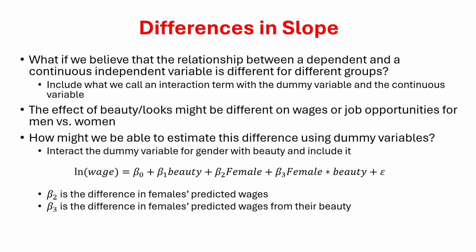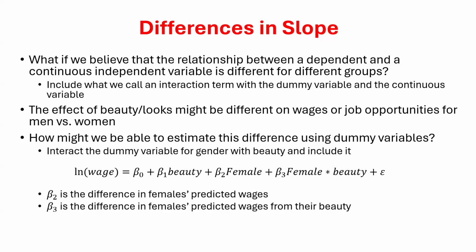Now, once again, if I'm doing this in Stata, to create this interaction term, it's simply taking that dummy variable and multiplying it by the continuous variable. That's all we're doing there with the interaction. So if I want to know what that relationship is between somebody's looks, or this weird beauty measure we have, and their wages: if someone has a 0 for that beauty ranking, what is their predicted wage if they're male?